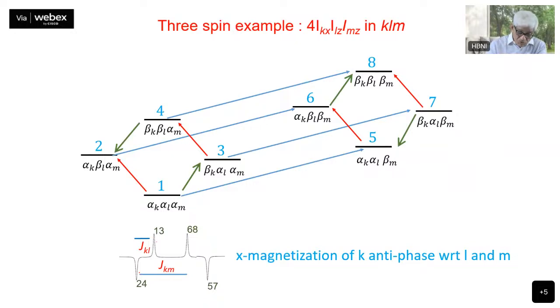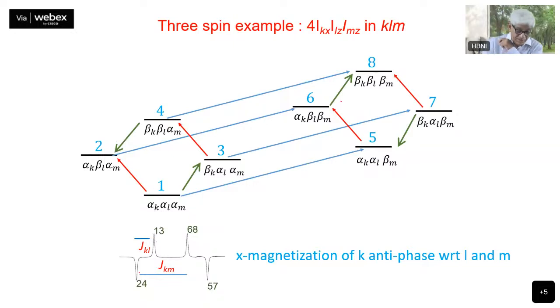Now 2, 4, 6, 8 are also opposite in sign. 2, 4, 6, 8 has to do with the KM coupling. And these ones also have opposite sign because this is now negative, this is positive. Therefore, we say this splitting is negative because it is antiphase with respect to M spin. That's why we say this is X magnetization of K spin antiphase with respect to both L and M.